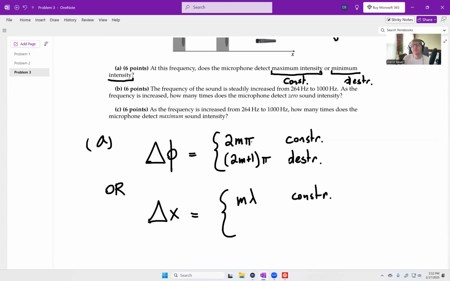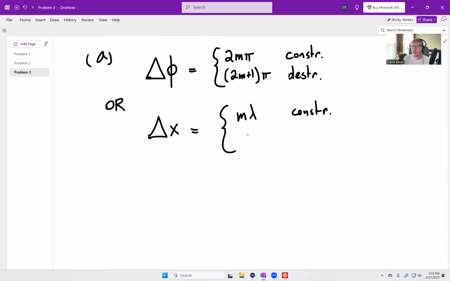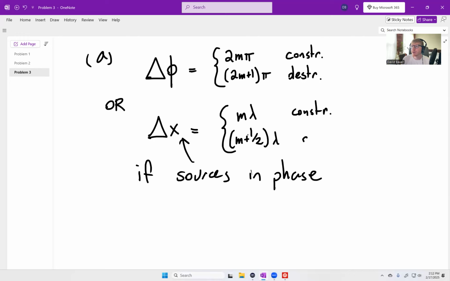So again, this is only for the case where we have our sources in phase. But if the sources are in phase with each other, then if our path length difference is an integer multiple of lambda, m times lambda, we get constructive interference. If it's a half integer multiple of lambda, we get destructive interference.